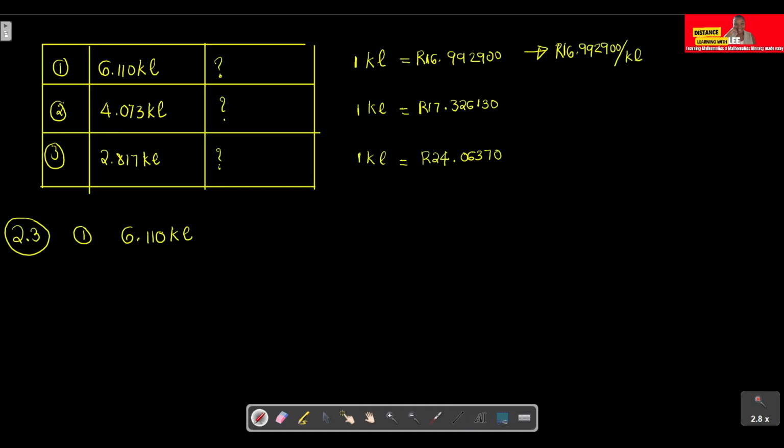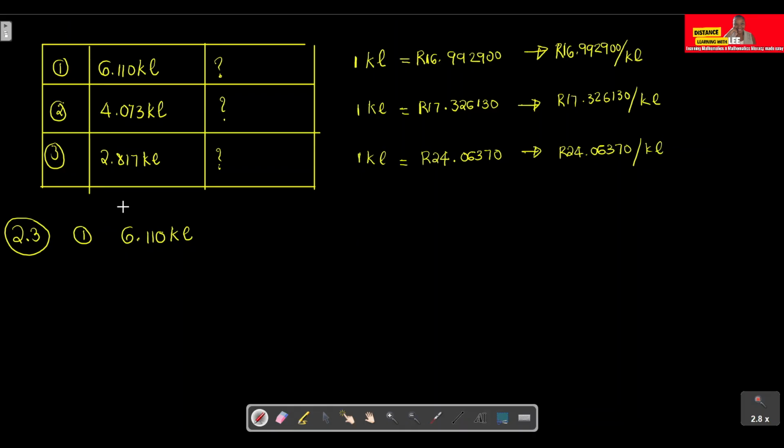Then in the second block he pays 17.326130 per kiloliter of water, and in the third block he pays 24.06370 per kiloliter of water.